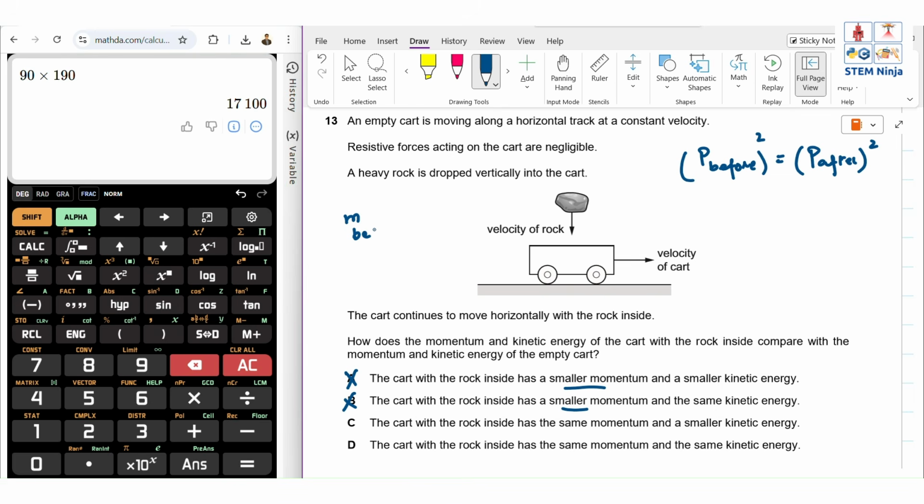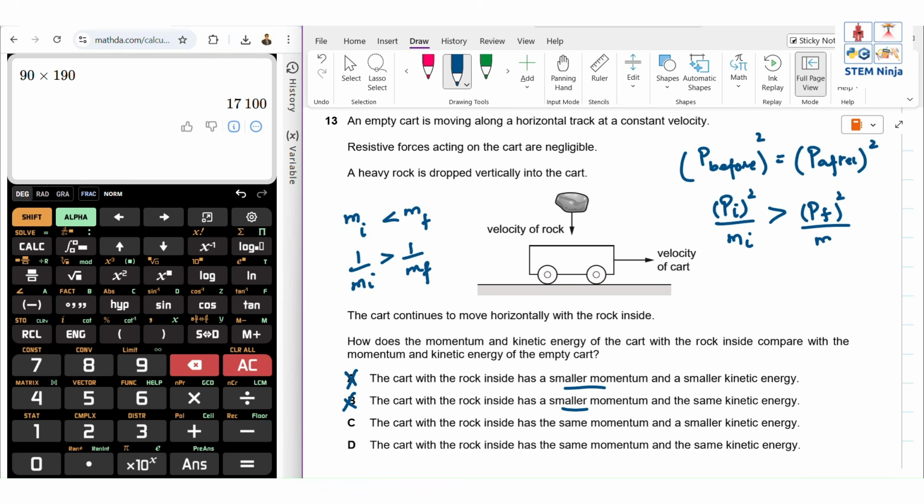Okay. Then we have the question of mass. So mass before is less than the mass after. Let's call it initial and final. So initial is less than the final. So this would mean that the reciprocal, 1 over mass initial, would be greater than 1 over mass final. So P initial squared divided by mass initial would be greater than P final squared over mass final.